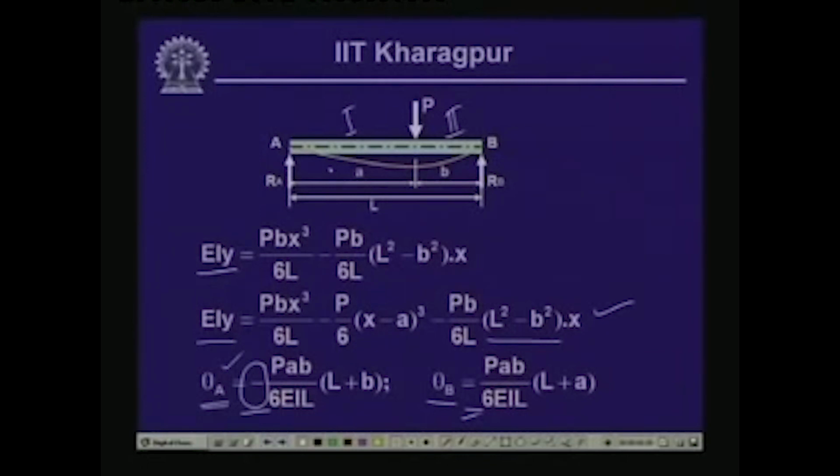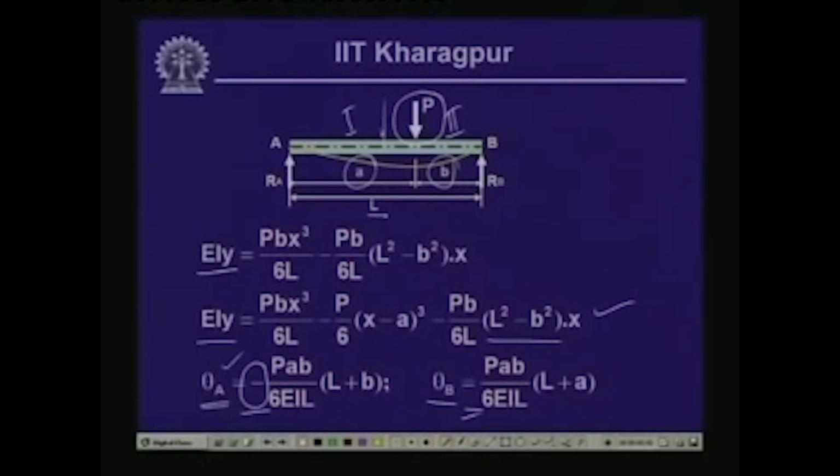Now, let us look into a particular situation where this load, which is located at a distance of a, is placed at the central position, which means that the values of a and b are equal and equal to L by 2.